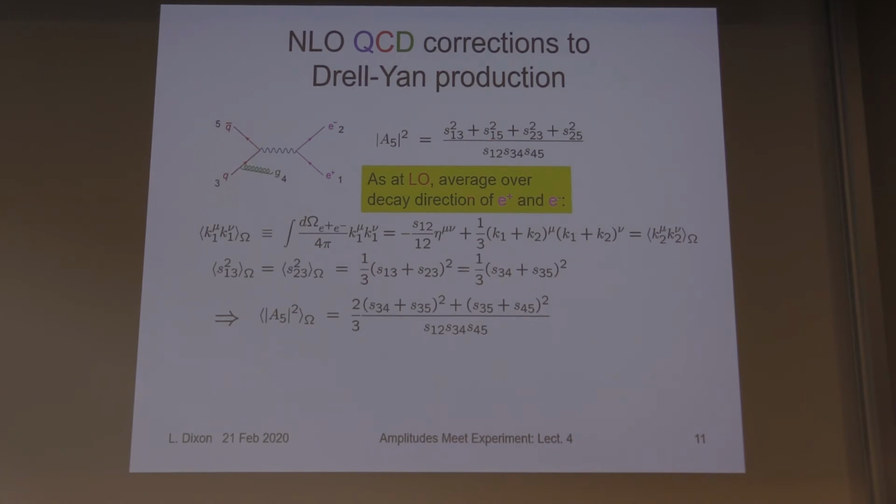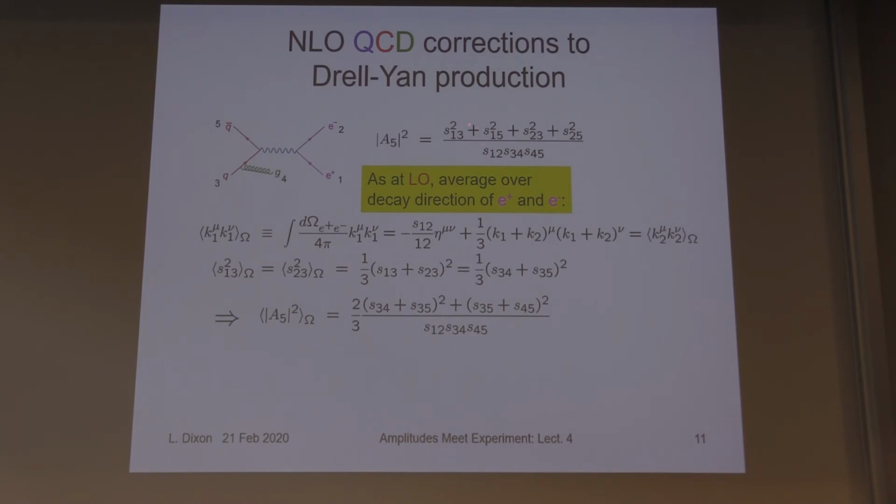So this formula is very intuitive from the point of view of those single helicity amplitudes. And it has denominators which are going to control the structure of the integration over the phase space. There's an S12, that's going to be fixed to the mass of the Drell-Yan pair, so that's not going to do much. But S34 and S45 are going to become singular in soft and collinear limits.